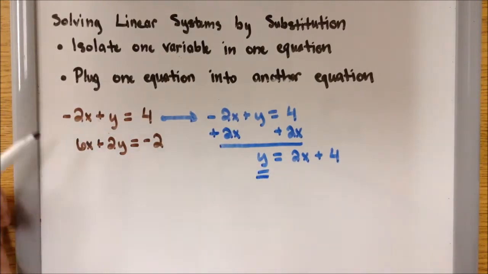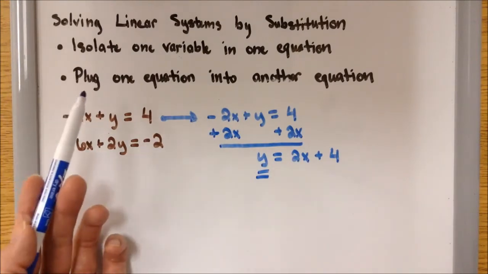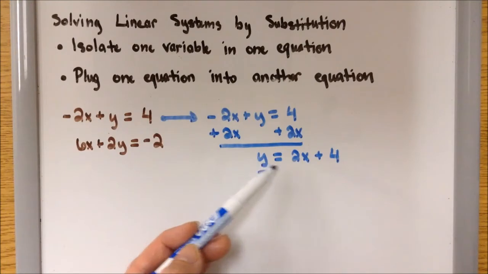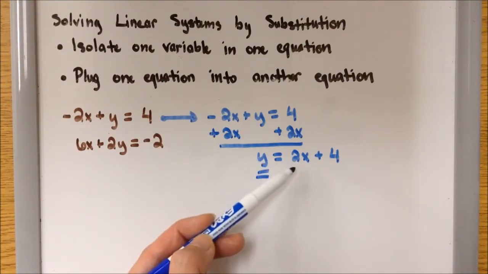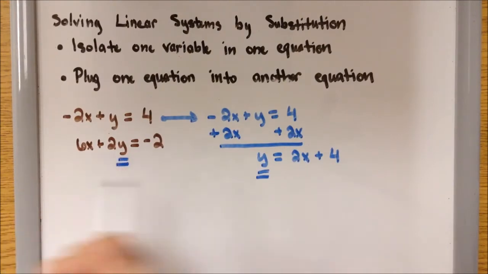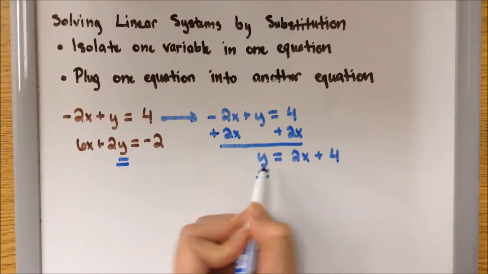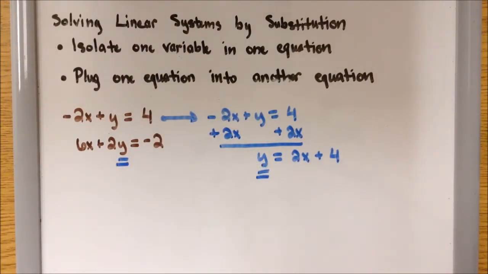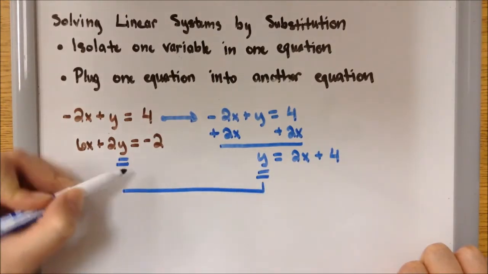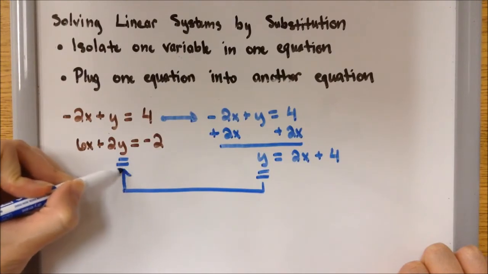Now this came from equation 1, so I'm going to plug one equation into another equation, meaning if I'm going to plug or substitute equation 1, it has to go into equation 2, in this case the y, because that's what y equals. So all I'm doing is plugging into y in the second equation.